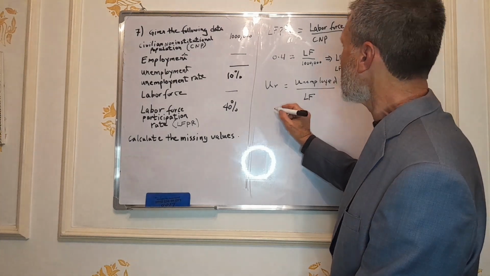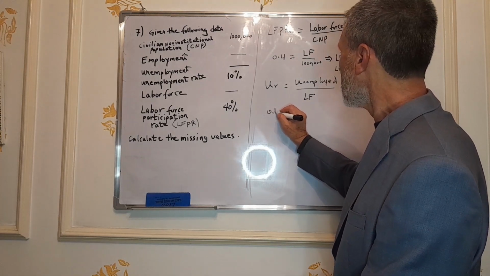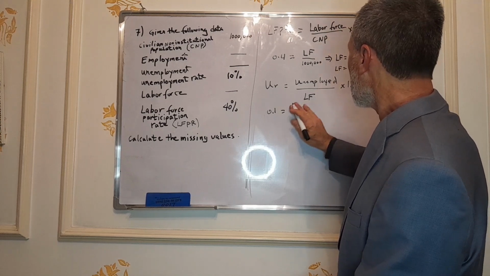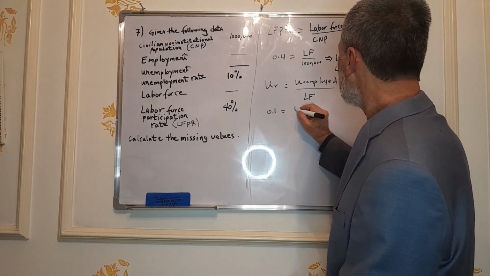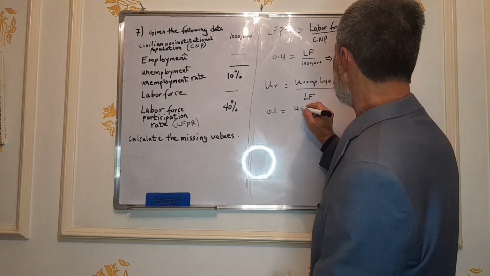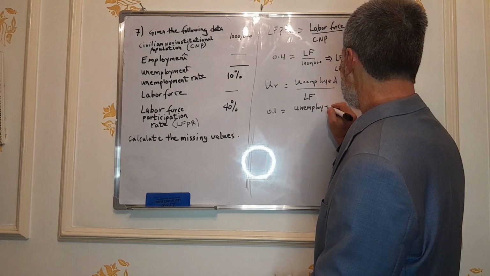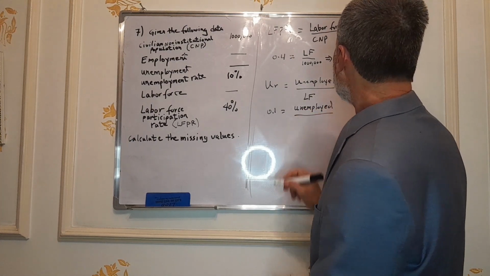So the unemployment rate is 10%, 0.1 is equal to unemployed over the labor force.